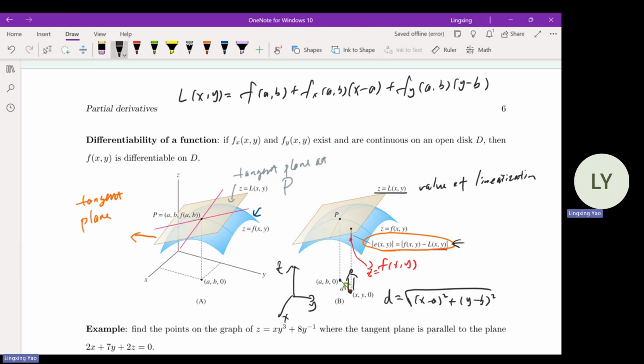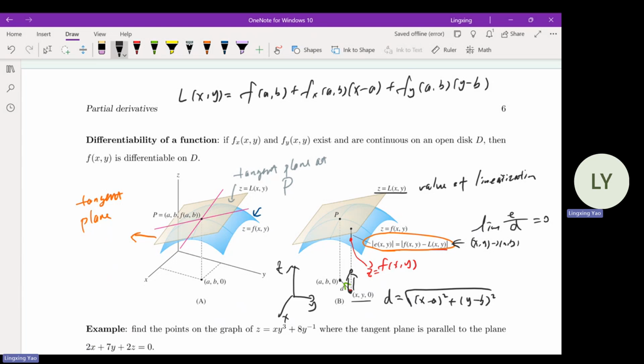So when we have this limit of x, y approaching A, B, this distance E over D is 0, meaning the error between your function value and the linearization is going to become smaller and smaller and approach 0 much faster than the distance between the point x, y and the point A, B.